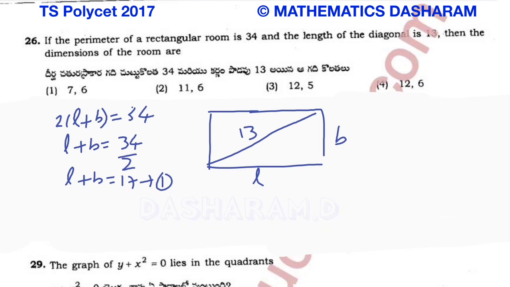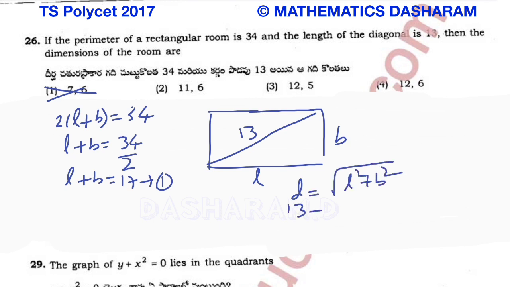So go with the options here. First, 7 plus 6 is how much? 13, but here 17 is there. So option 1 is wrong. Next, option 2: 11 plus 6 is 17, but with these two measurements will you get the diagonal as 13? See, what is the diagonal formula? Under root L square plus B square.